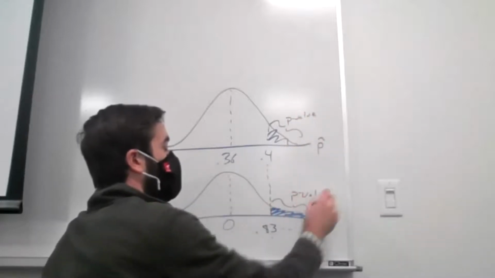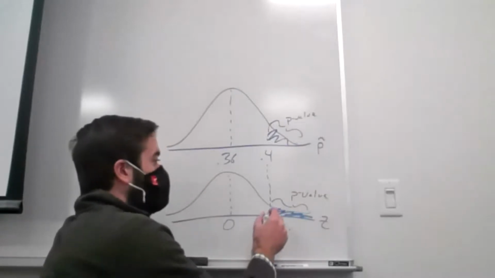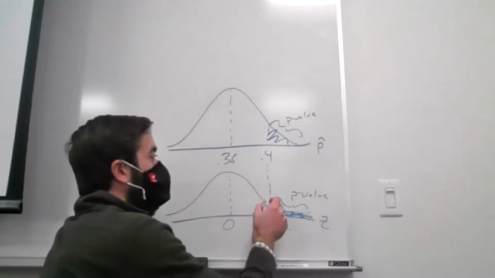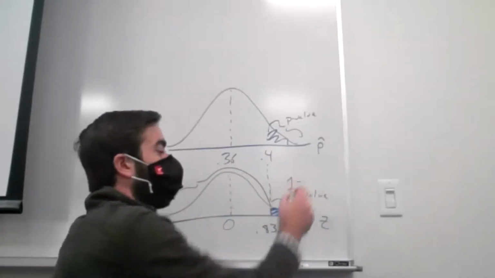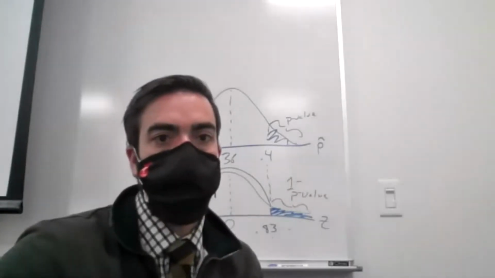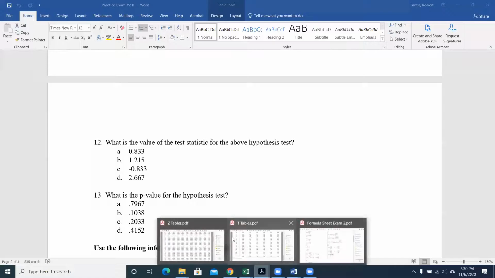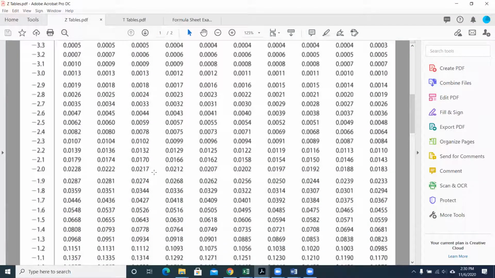So for this right-tailed test, I can look up 0.83. The table will tell me the area to the right. I then need to subtract it from 1. Okay? So I go to my standard normal table. I look up 0.83.